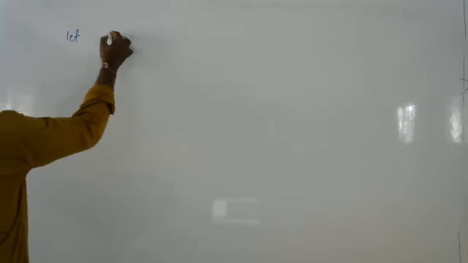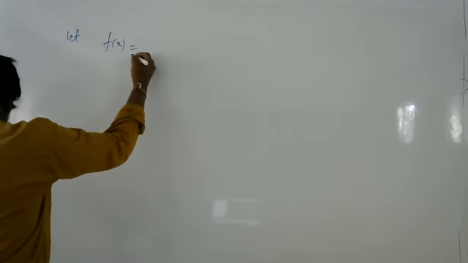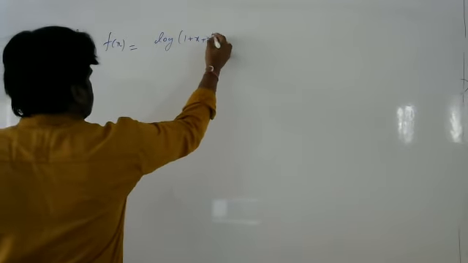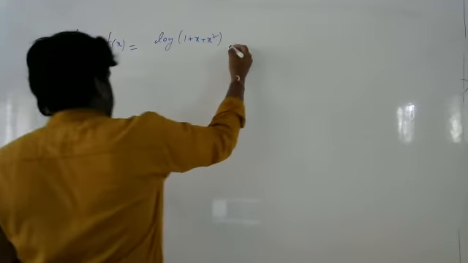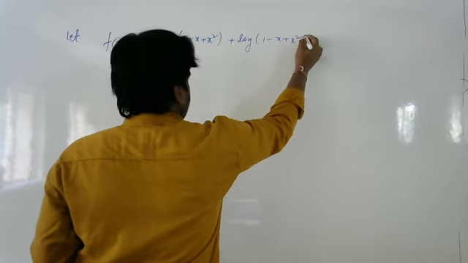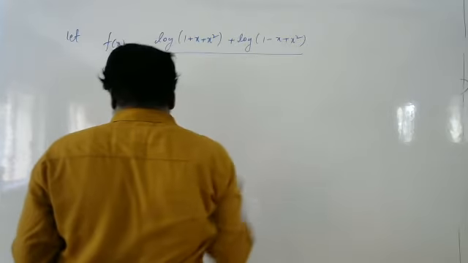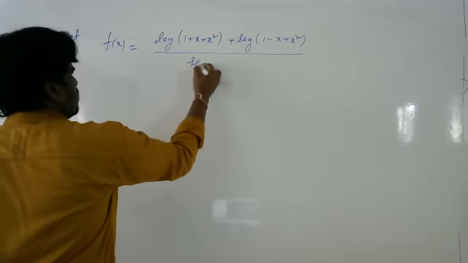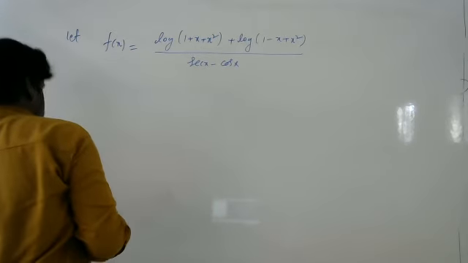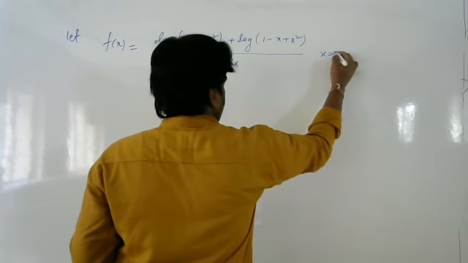Let f of x is equal to log 1 plus x square plus log 1 minus x plus x square divided by sec x minus cos x, x is not equal to 0.